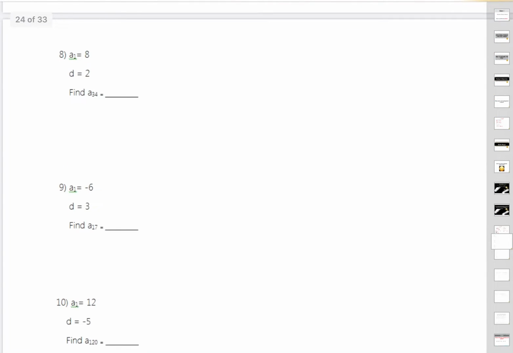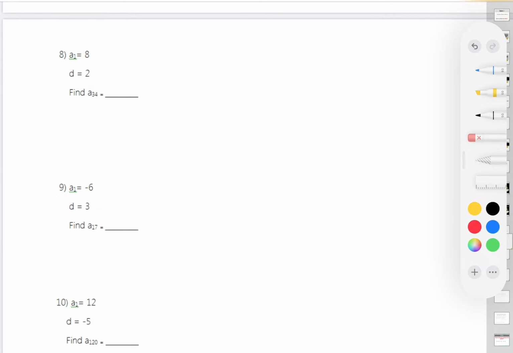All right, then we get to number 8. So in number 8, it looks a little different, so I'm going to do 8 with you. So in number 8, let's write the formula. We know we have a common difference, and minus 1 plus my starting number. This one's even easier. They give you the common difference too. They give you the desired number. It wants to know the 34th number in the term. The minus 1 comes from the formula.